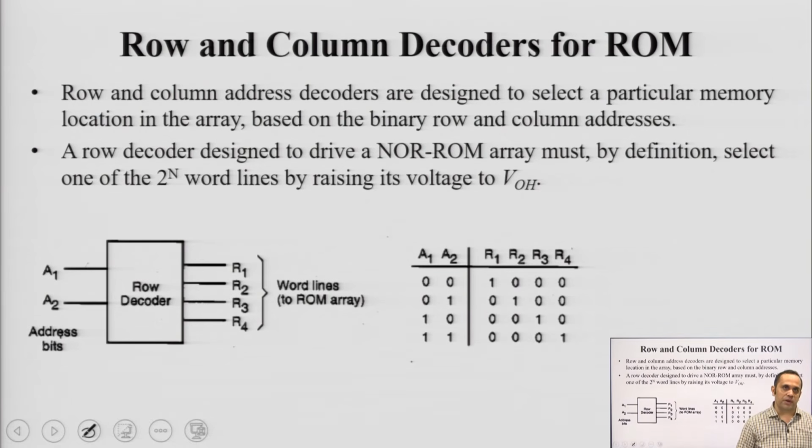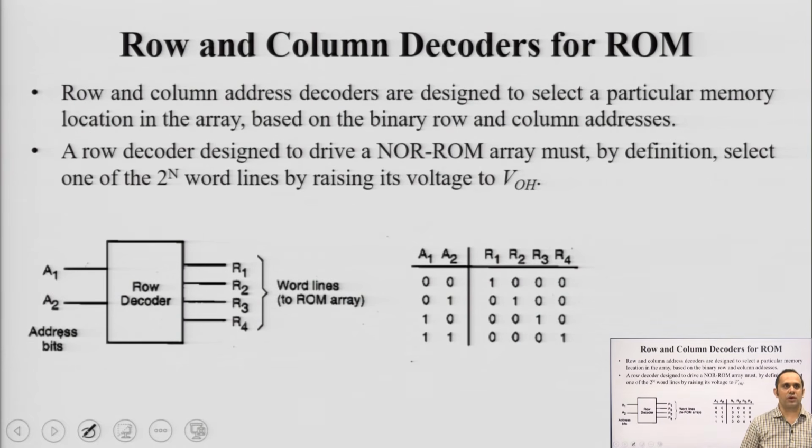A row decoder is designed to drive a NOR ROM array. By definition, it selects one of the 2 to the power n word lines by raising its voltage to output high. So, this is a simple combinational Boolean circuit of decoder.